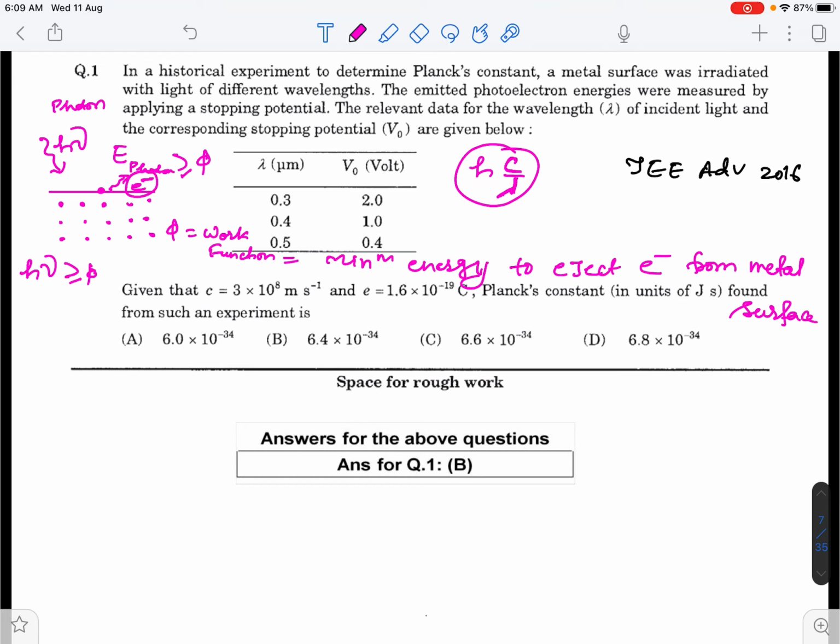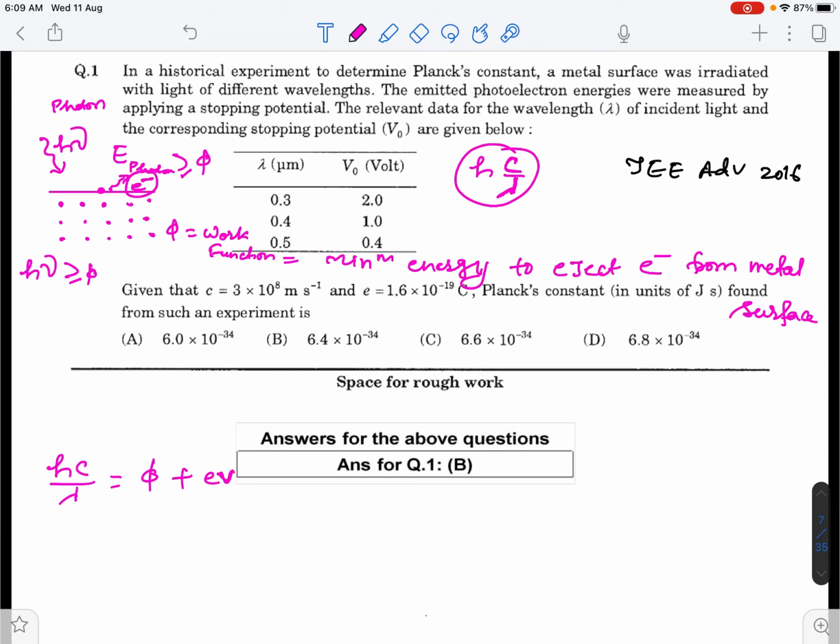So h c upon lambda can be written as work function phi plus kinetic energy, and the kinetic energy you can write as eV.